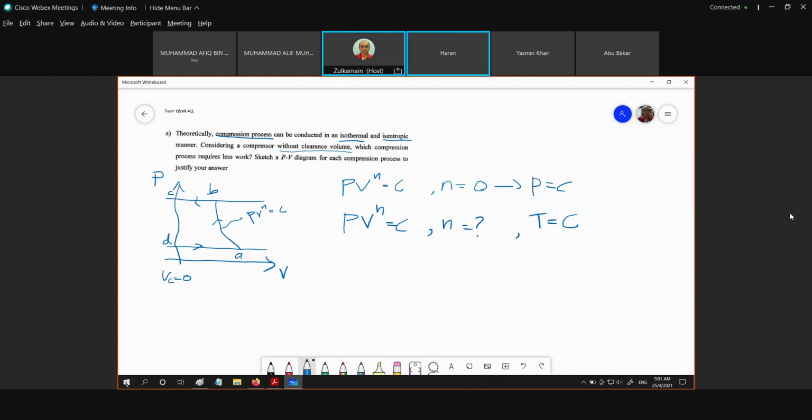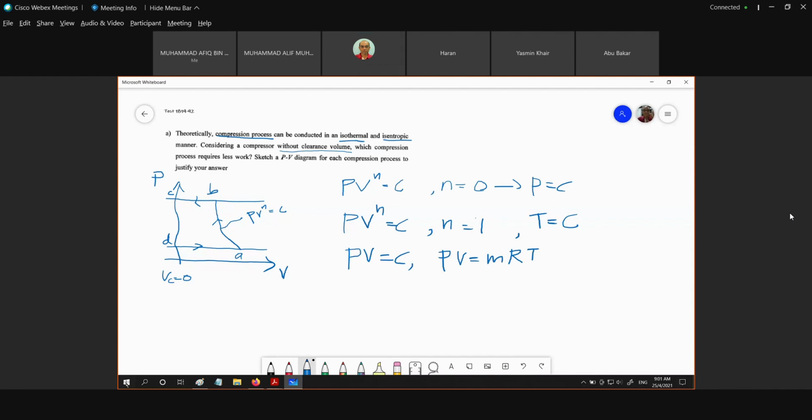Yes, because when N is equal to 1, what does this equation become? PV equal to constant. And we know that PV is equal to mRT. And during the compression process, both the delivery and intake valves are closed, meaning that the mR is equal.